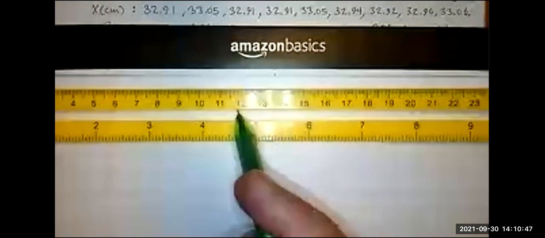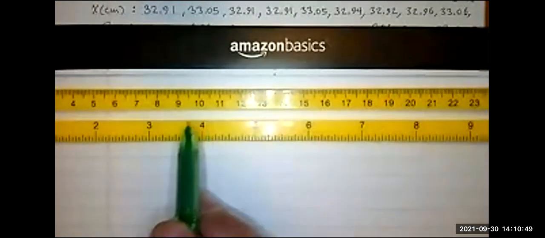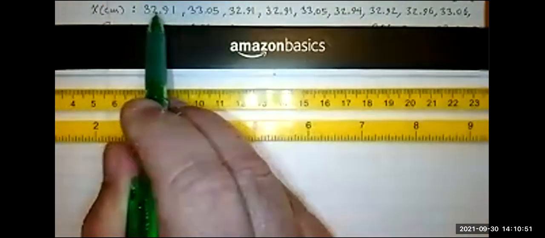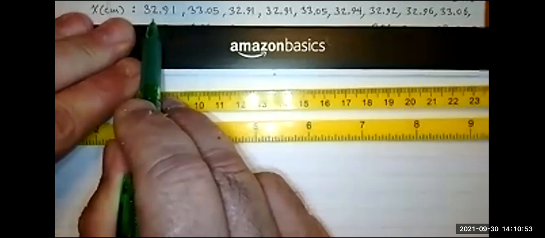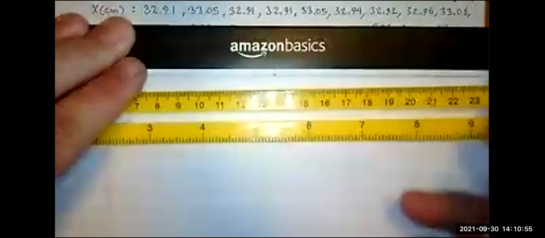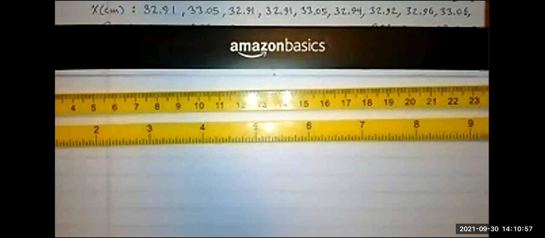So if I took a device like this, or a better one, that steel scale, and measured a distance to be 32.91, 33.05, all that good stuff, then I'd want to know, okay, well, what am I going to report as my result? Actually I should make this a little higher just so you can see.